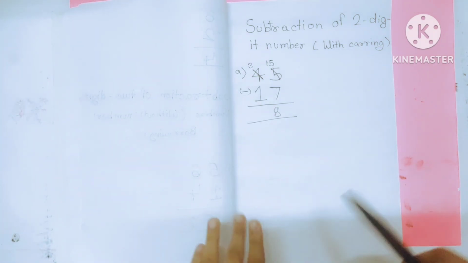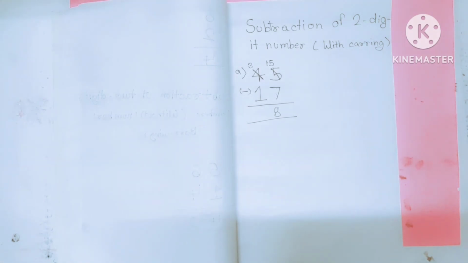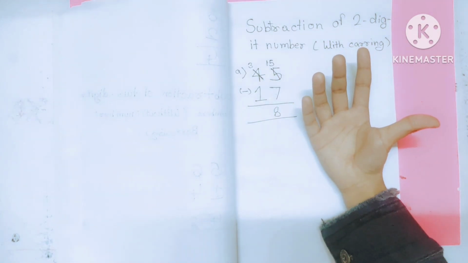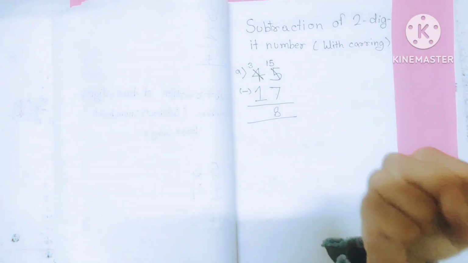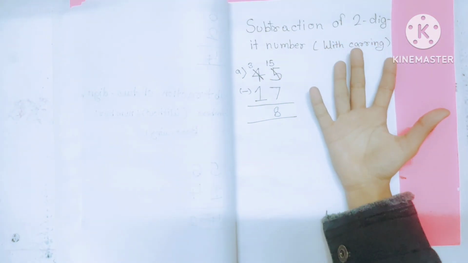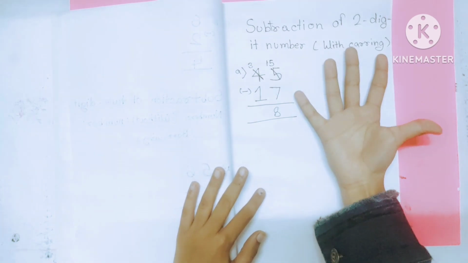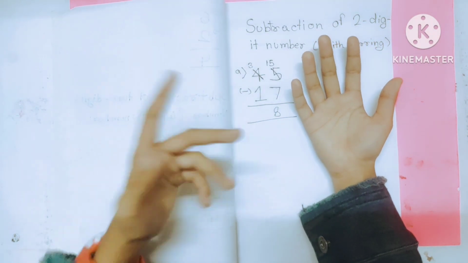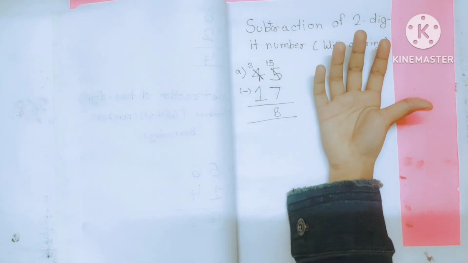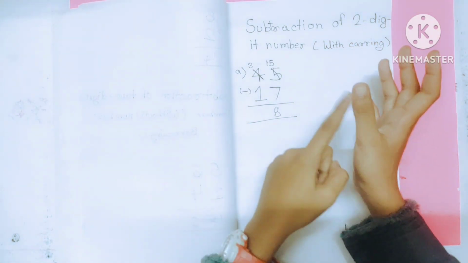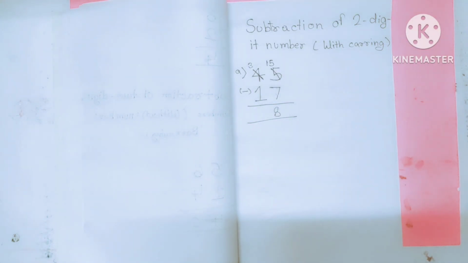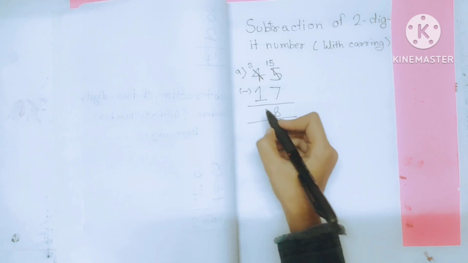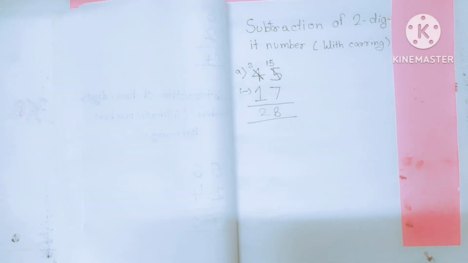Keep 3 in our mind, fingers like this. One finger we have to count. Before 3 comes 2. So we counted one finger and it became 2. So the answer is 2. So we got 28.